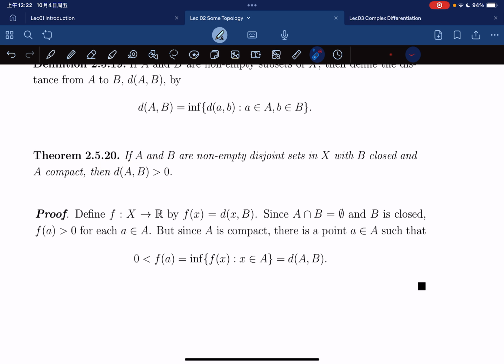Right, and the proof, basically, we define the function as this, right? This is a continuous function.